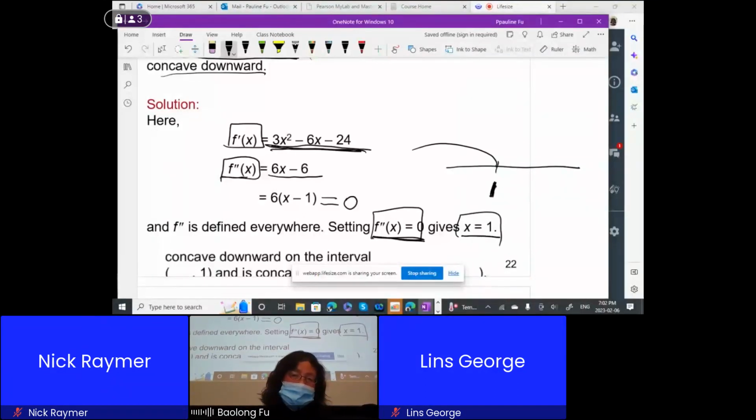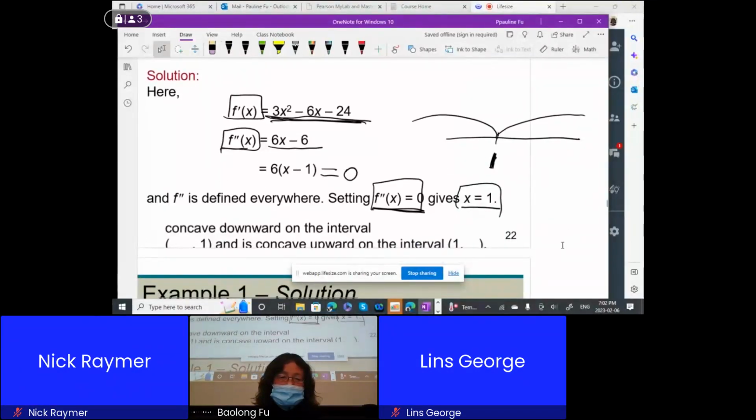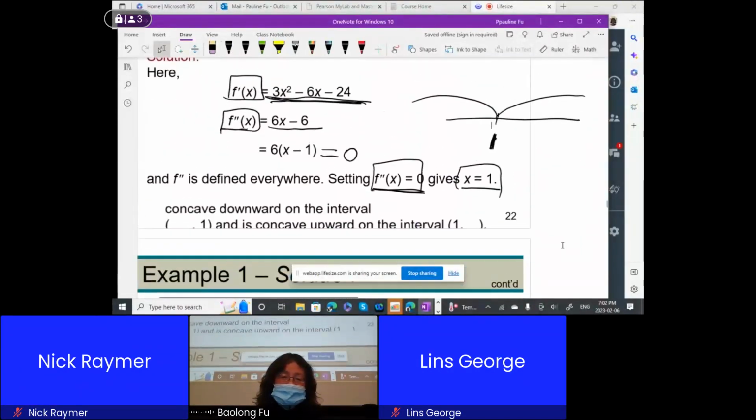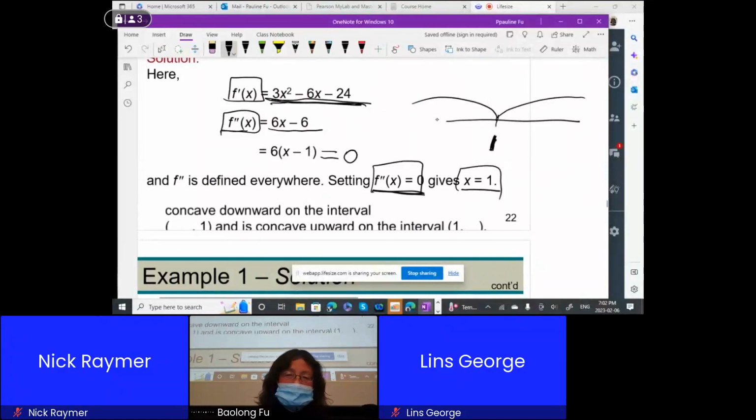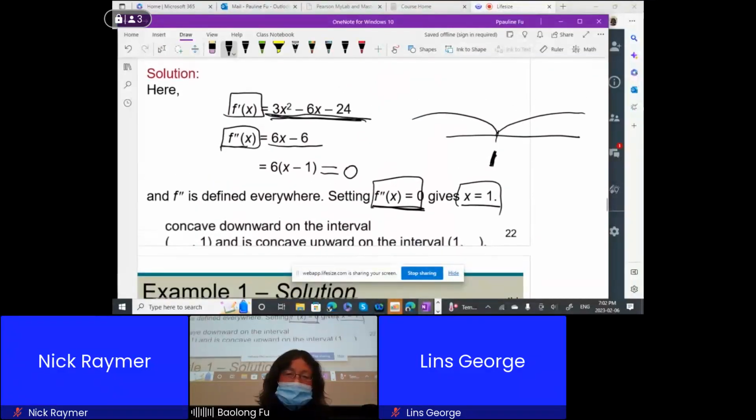One is smaller than 1, the other is greater than 1. So using interval notation, you get negative infinity to 1, and another interval is 1 to positive infinity. Two intervals.